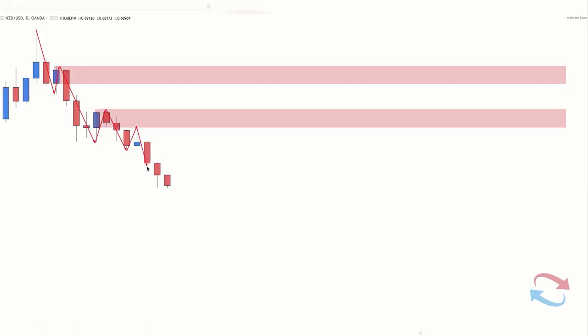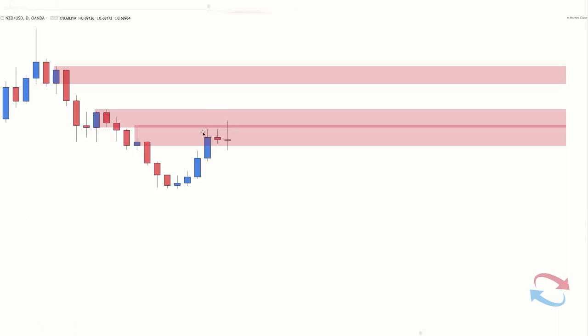And again, just to remind you, until price makes a new low, we don't know whether this is a lower high. Price has to put in a new low for this to be valid as a potential supply zone. So once it makes a new low and keeps going down, we now put in our supply zone.